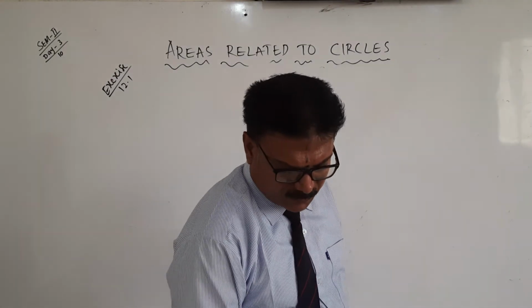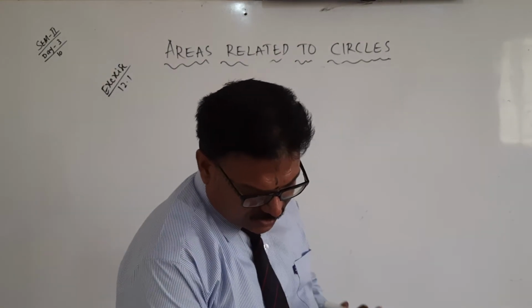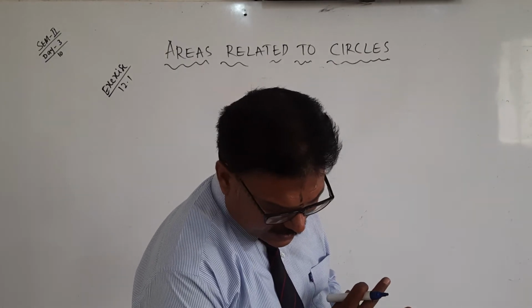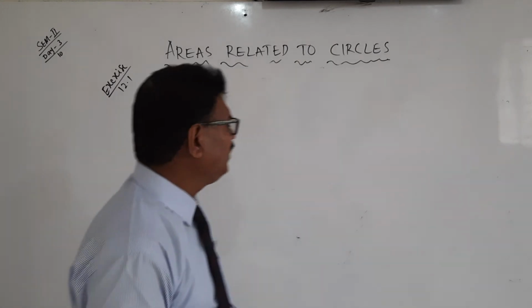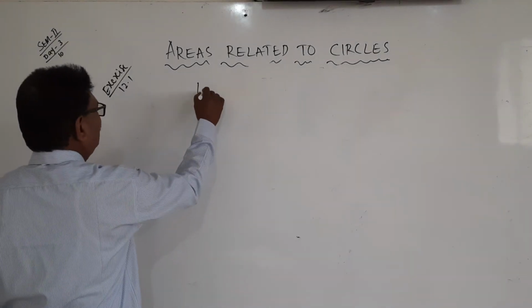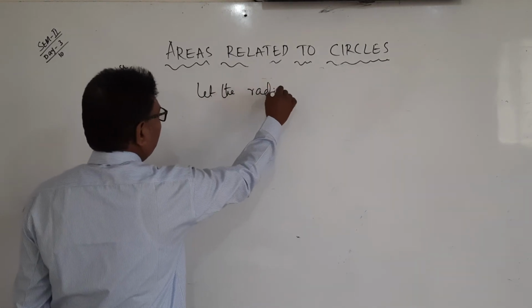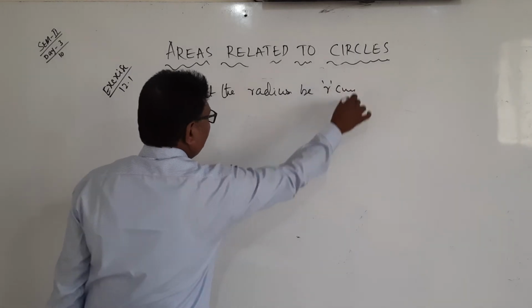Very simple problem. Pick the correct answer in the following and justify your answer. If the circumference and area of a circle are numerically equal, the radius of the circle is. Very simple. Now let the radius be r centimeters.